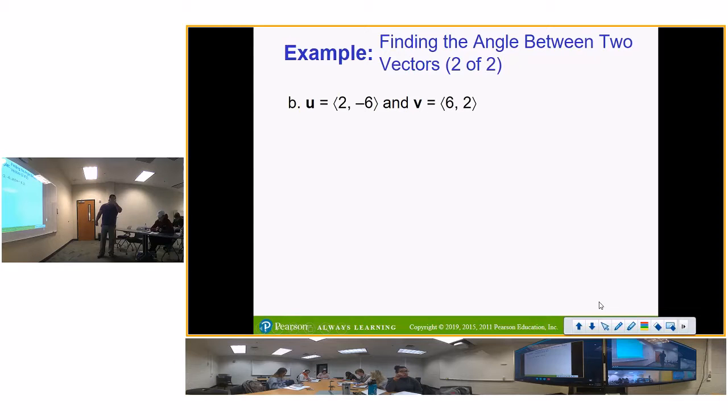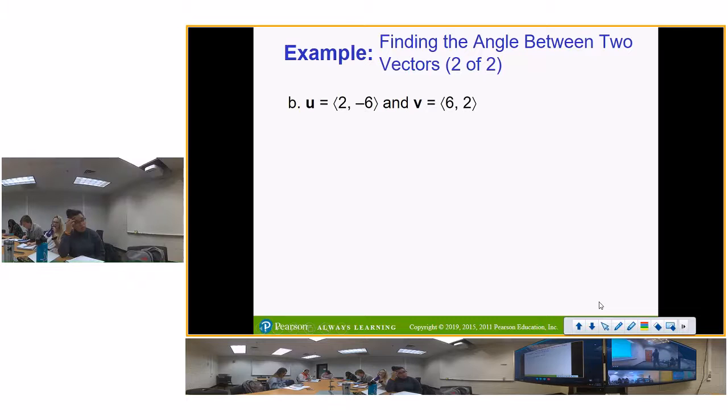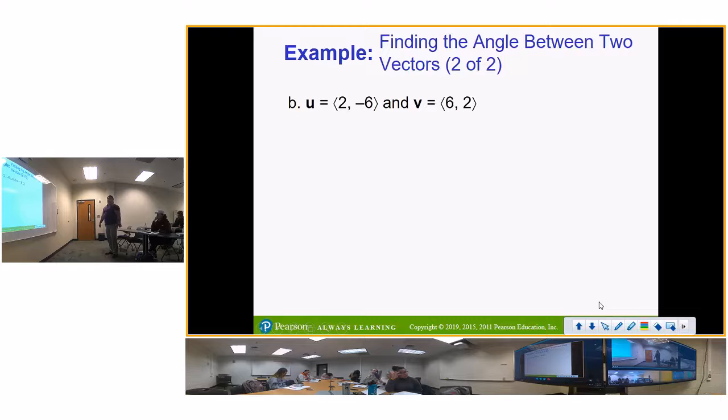There's a whiteboard there. So 2 times 6 is 12. 12 minus 12 is what? Okay, so you forget doing this one. Why? Because what's 0 divided by anything? 0.